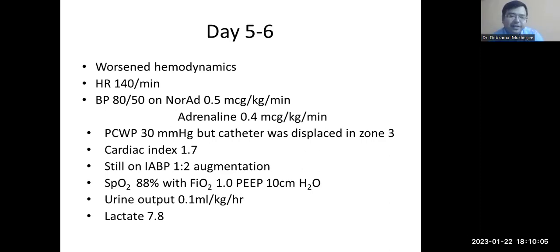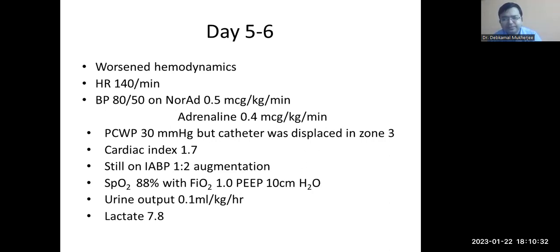If the mean arterial pressure is low, the cardiac output will be low. That is the normal thing which we see. The relationship is that the blood pressure is equal to cardiac output into systemic vascular resistance. Yes, MAP is equal to the cardiac output into systemic vascular resistance.